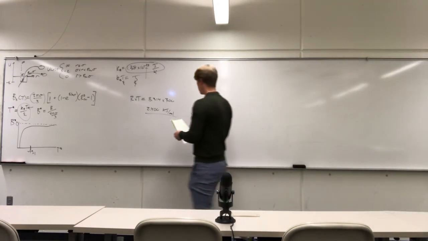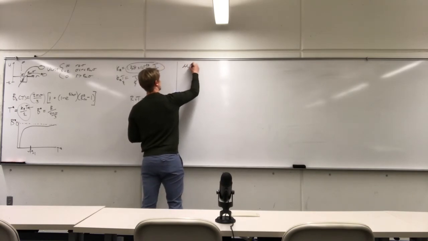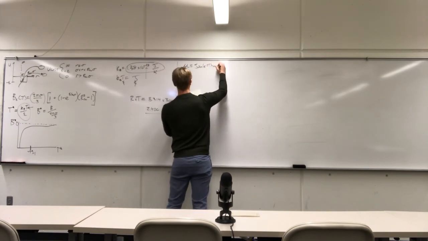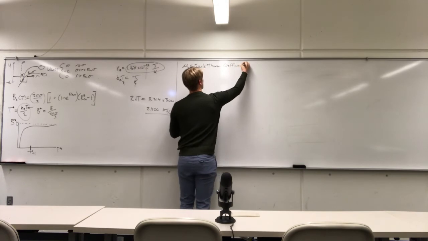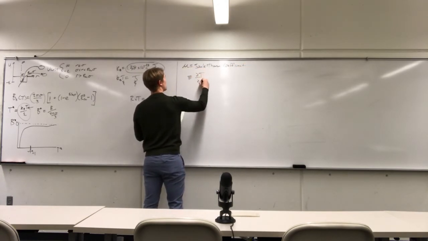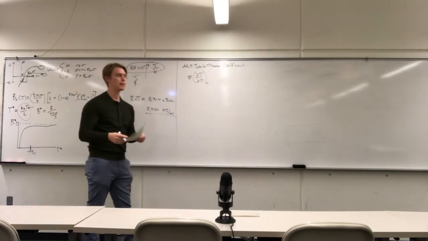It's called the Joule-Thomson coefficient. The Joule-Thomson coefficient is defined as how the temperature changes with respect to changes in pressure at constant enthalpy.